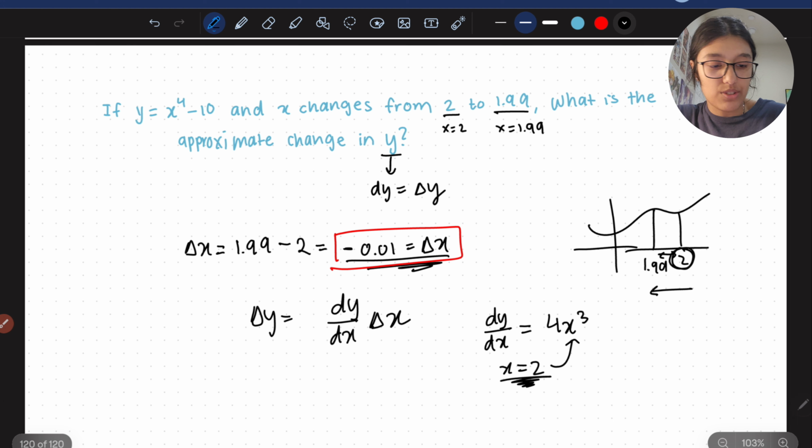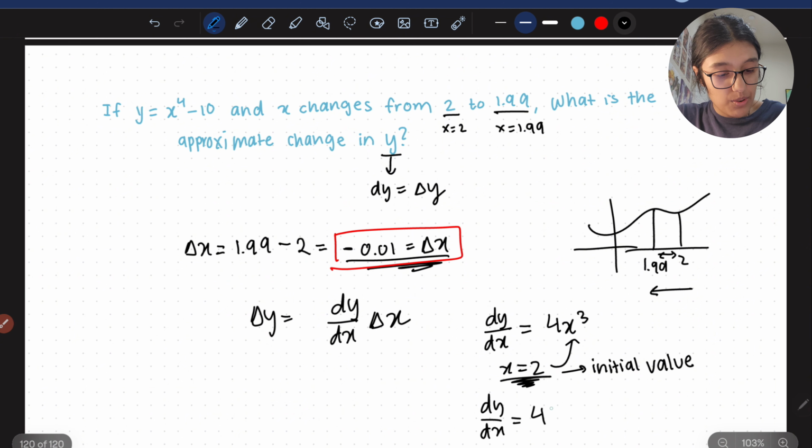Our initial value was 2 from over here. So substituting 2, we get dy over dx is equal to 4 times 2 to the power 3, which is 4 times 8, which is 32. So dy over dx is 32, and that is also really important.